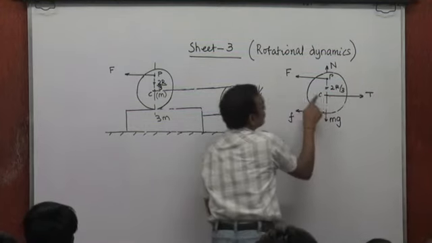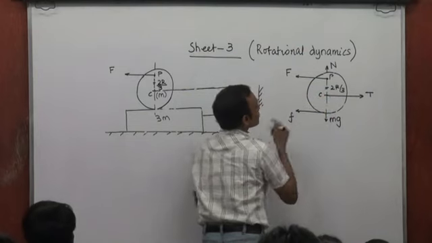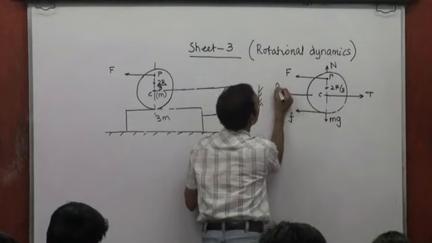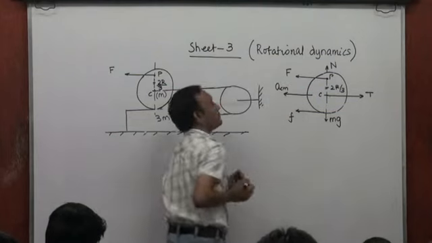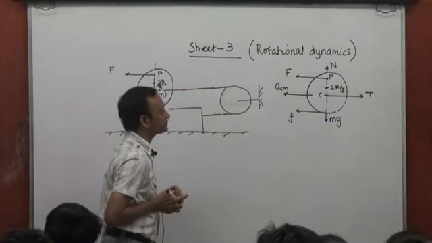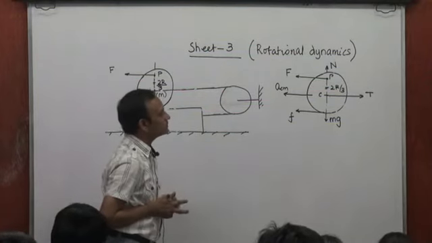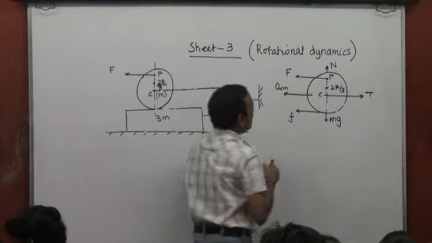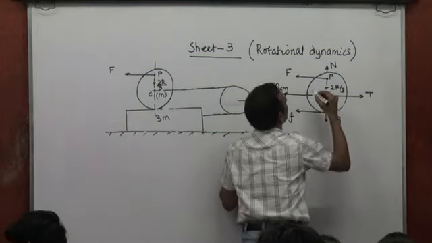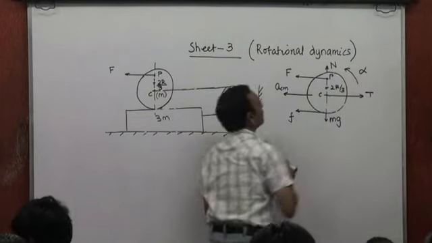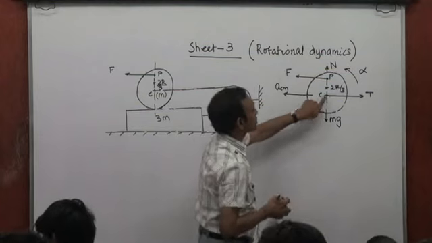Now, under the influence of the horizontal forces, the cylinder experiences a leftward acceleration ACM, and let's say an angular acceleration alpha because of the torque about the center of mass.